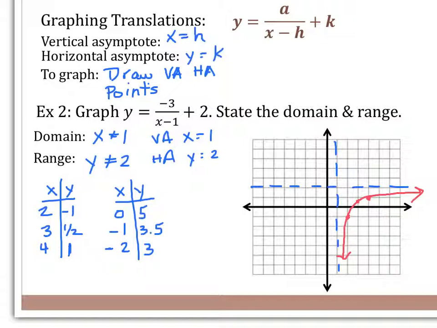Again, for convenience, I went ahead and plugged in the numbers. So I have 0, 5 up here, negative 1, 3.5 right there, and then I have negative 2, 3. And it should be a mirror image of the other side.